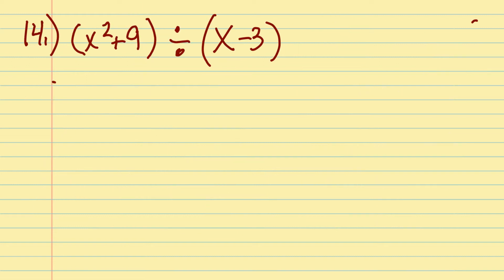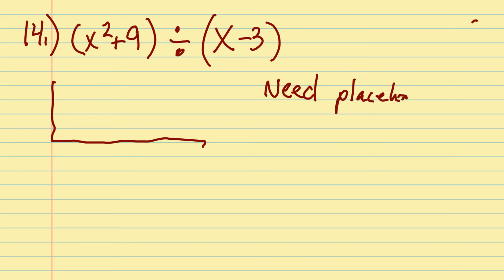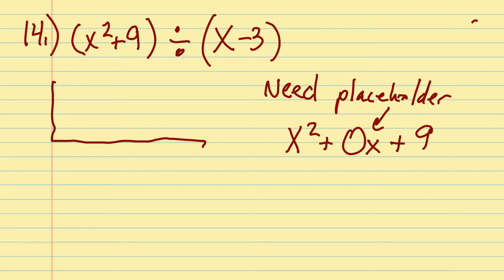Moving on to 14. Step 1, I make my box. I need a placeholder because there is no x to the first power. So I put 1, 0, 9 as my coefficients.